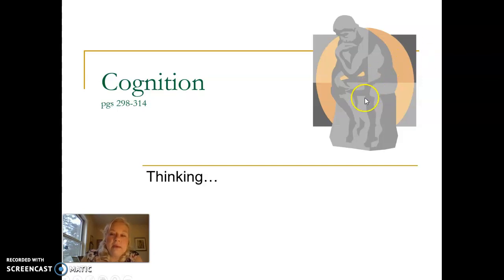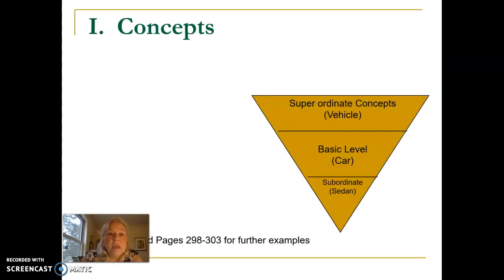I put the thinker man picture of the statue here because that's our topic. So whenever you hear the word cognition, remember we're talking about thinking, and today we'll be talking about basic methods of thinking. So first of all, when we think, we use concepts. The concepts are our basic mechanism of thinking.